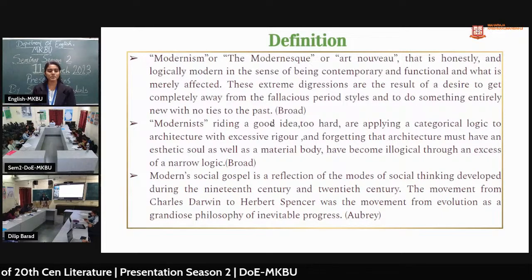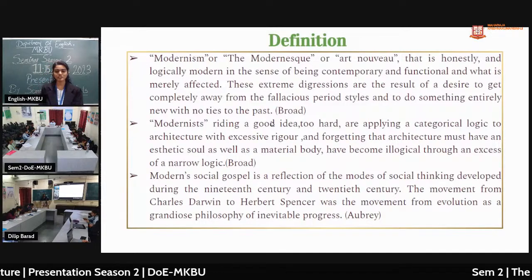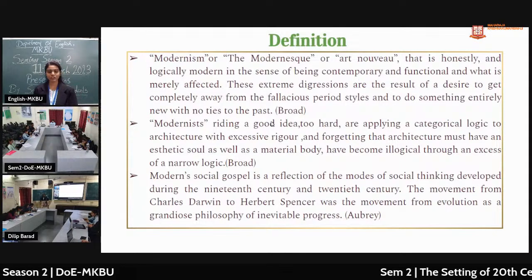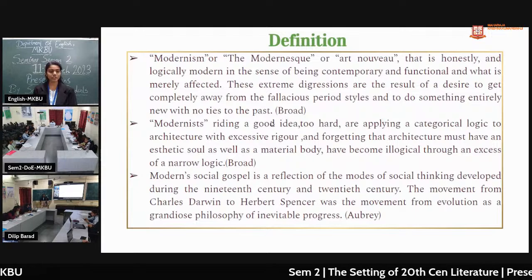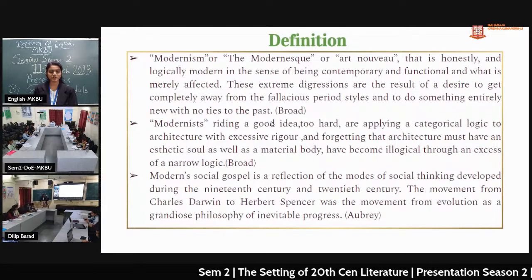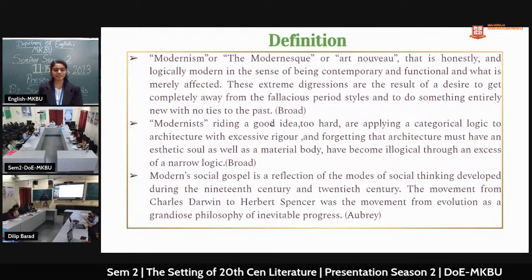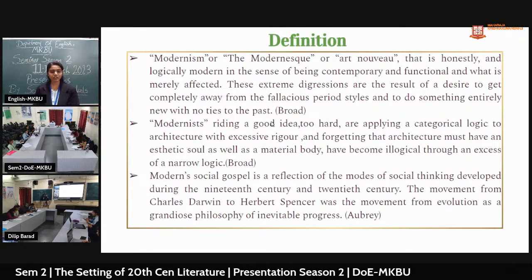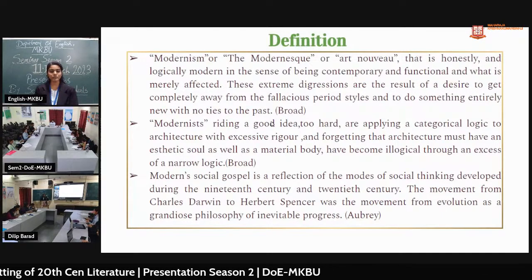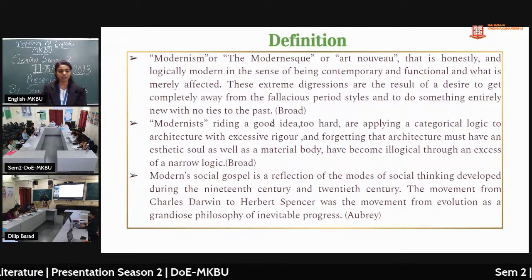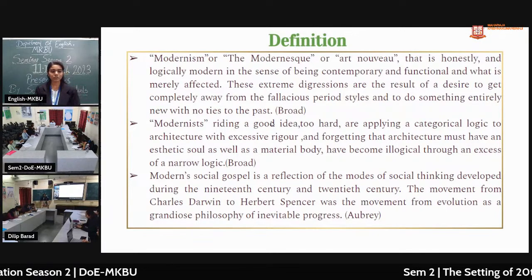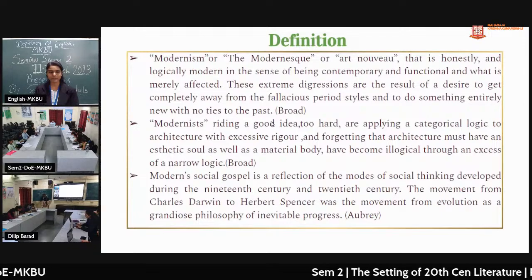The modern social gospel is a reflection of the modes of social thinking developed during the 19th and 20th centuries. The movement from Charles Darwin to Herbert Spencer was the movement from evolution to a grandiose philosophy of inevitable progress.